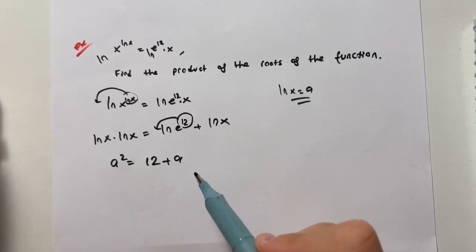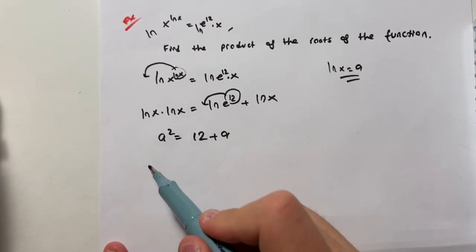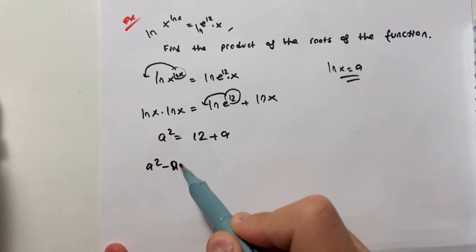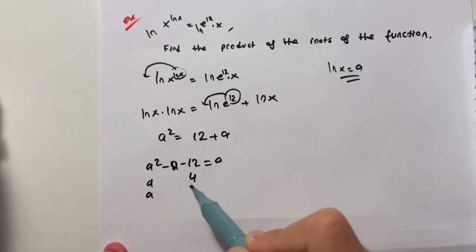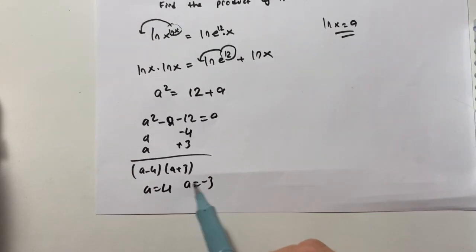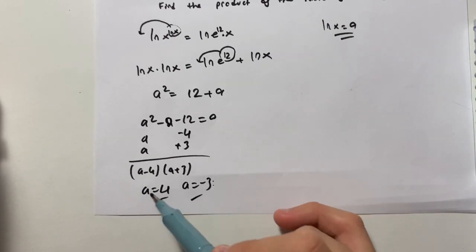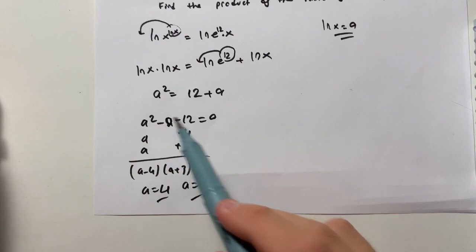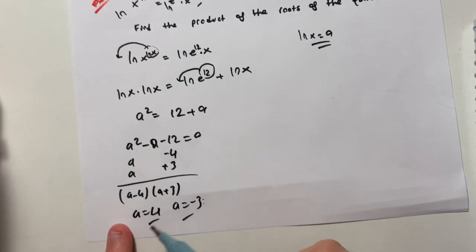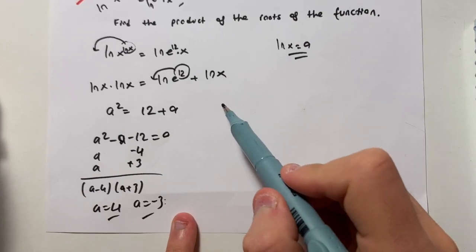And we have a second degree equation, and we're going to solve it by finding two roots. And we have two roots, but be careful, these are not the roots of the function. These are not the real roots. We found the roots of this second degree equation. Since a is ln x, we are going to find the real roots.